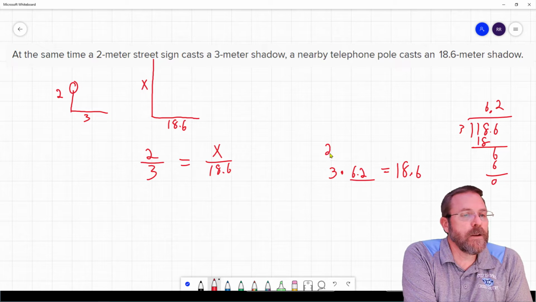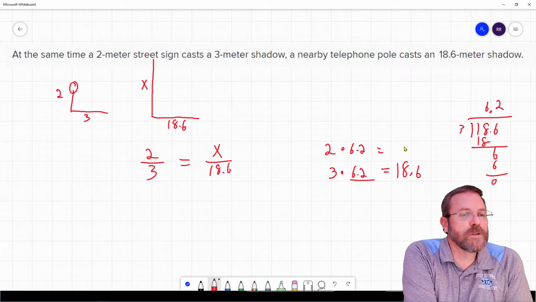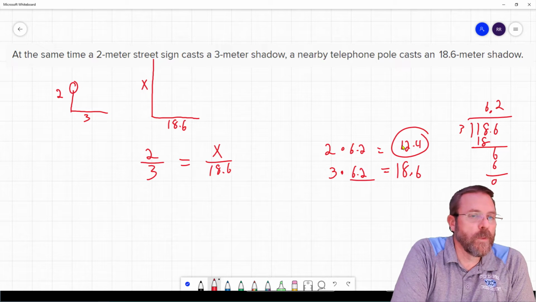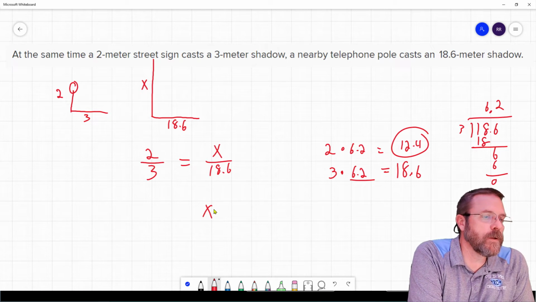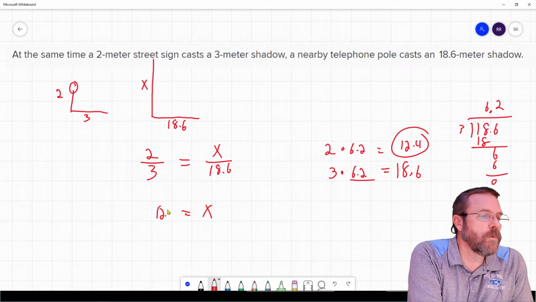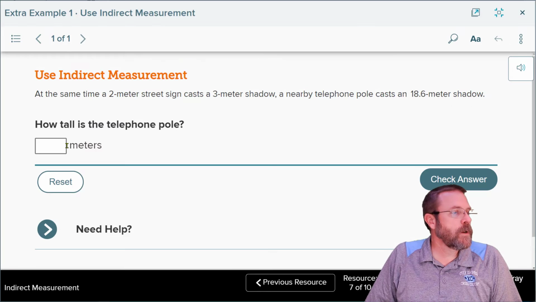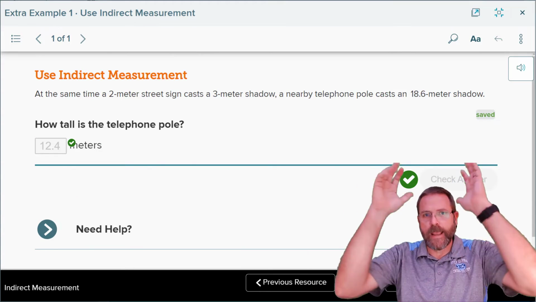That means the height of the pole is going to be 2 times that same 6.2, which means the pole itself is going to end up being 12.4 tall. So I'm going to come back over here and say that x is going to equal 12.4, and that was meters. We'll jump back over to the textbook right here. We're going to put in our 12.4 meters, check it, and it checks.